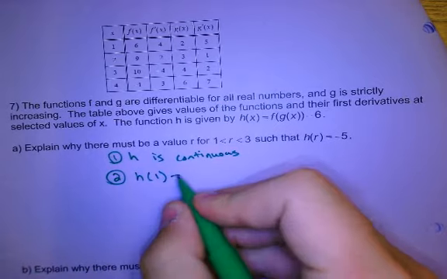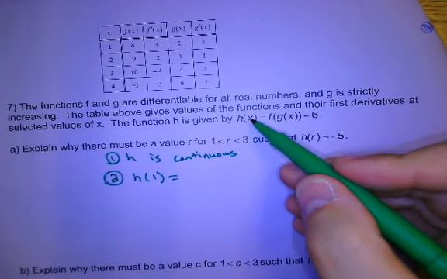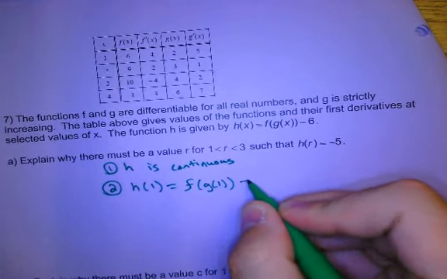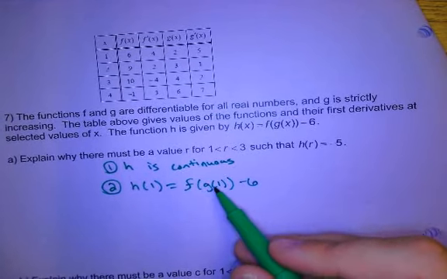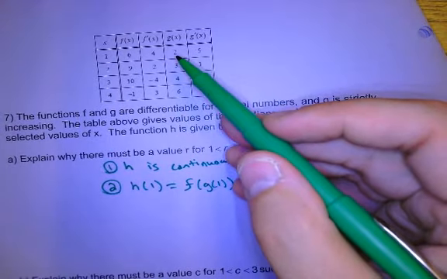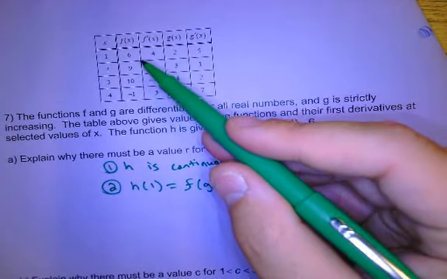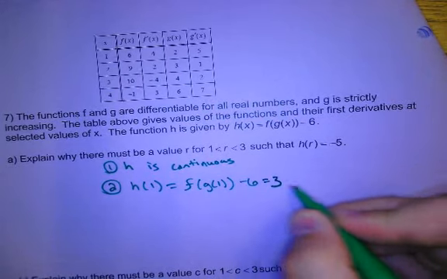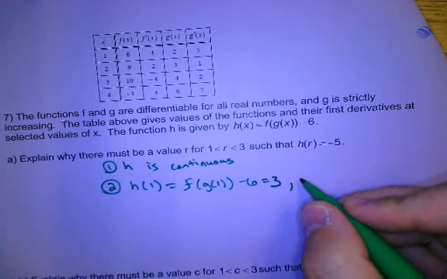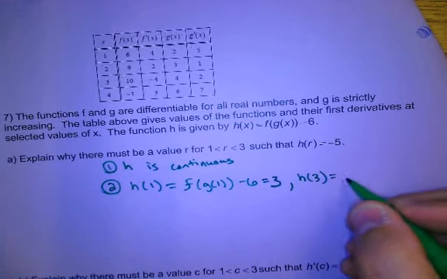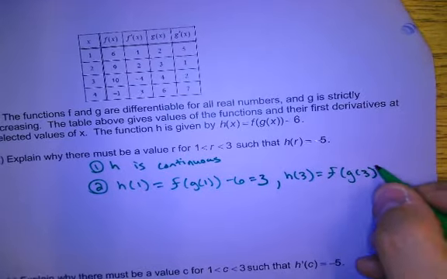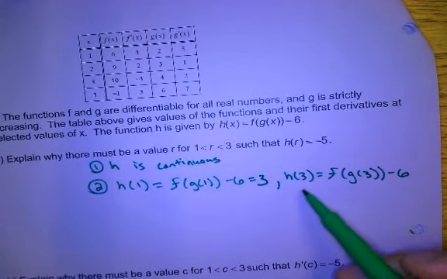Find h of 1. Okay, so what is h of 1? Isn't it the same thing as f of g of 1, and then minus 6? What is g of 1? 2. So what's f of 2? 9. What's 9 minus 6? 3. Let's find h of 3. That's f of g of 3, minus 6.